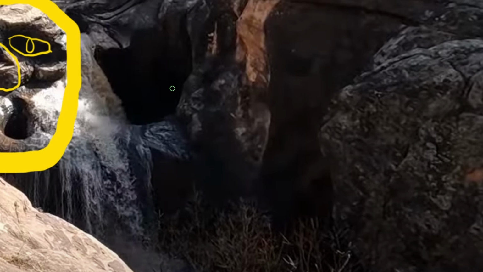Because you have to have the perspective of where ancient humans would have been standing and looking at these images.